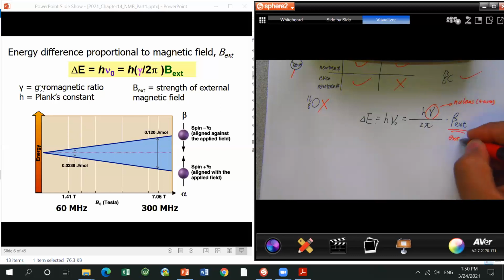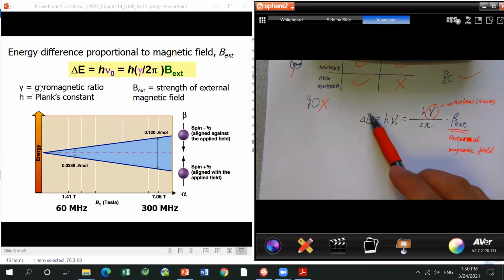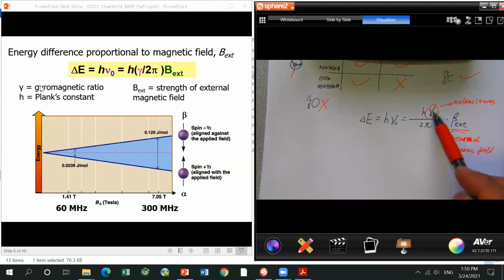You can see that the higher the external magnetic field, the higher the energy, and this also plays an important role.